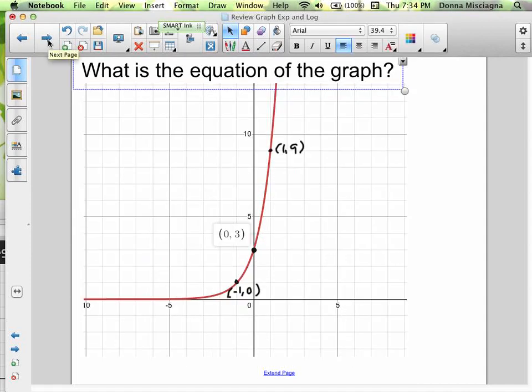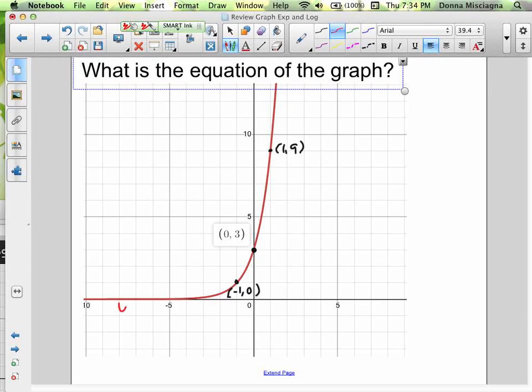All right, here we have another graph. Notice that our horizontal asymptote is y equals 0. So we are definitely not shifted up. But I am not going through the point 0, 1. I am going through the point 0, 3.